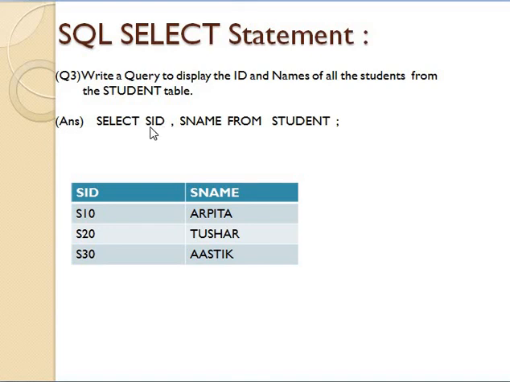Here SID is the column representing the ID and SName is the column representing the names of the students. And on executing this query, you can see only two columns, that is SID and SName, getting displayed in the output for the table student.